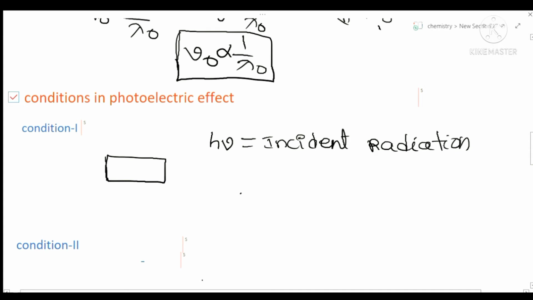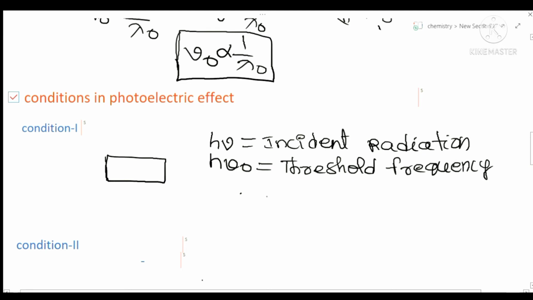That means whatever energy we are supplying, whatever frequency we are supplying, I am indicating with h mu. H mu naught, whenever you use the naught, is nothing but the threshold frequency. In place of threshold frequency you can go with the work function also. So kinetic energy, we know, and this is nothing but the work function. This type of terms we have to understand.